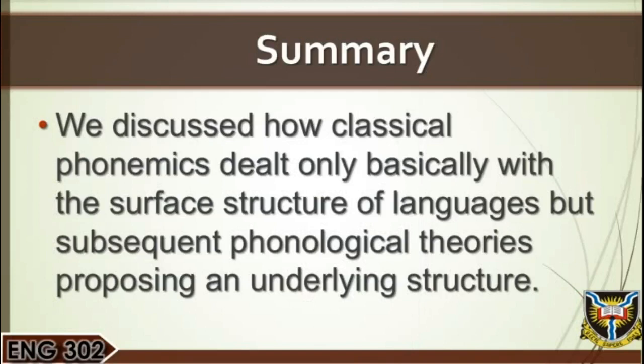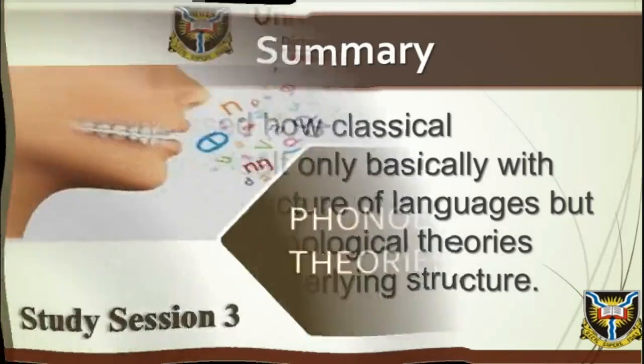Some view the phoneme as a phonetic reality, some from the perspective of function, and others as a psychological reality. We went on to discuss that classical phonemicists use certain criteria for determining what constitutes a phoneme in a language: minimal pairs, minimal sets, and complementary distribution. End of study section 3.